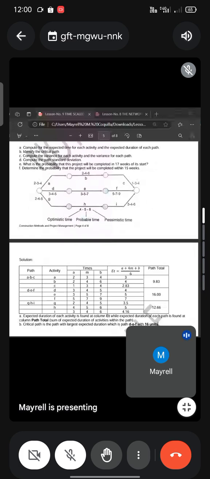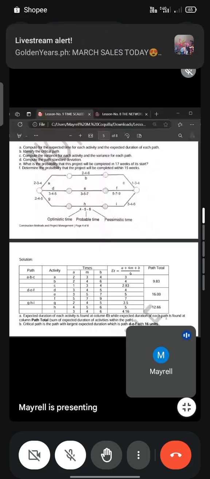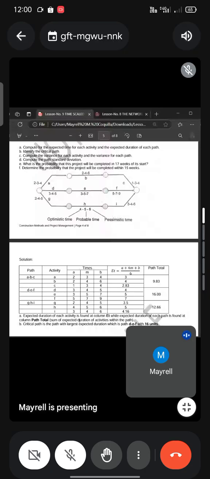Okay, based on this, the largest is 16. So this is the critical path, DEF. The expected duration of each activity is found in column ET, while the expected duration of each path is found in column path total, which is the sum of the expected durations of the activities within the path.